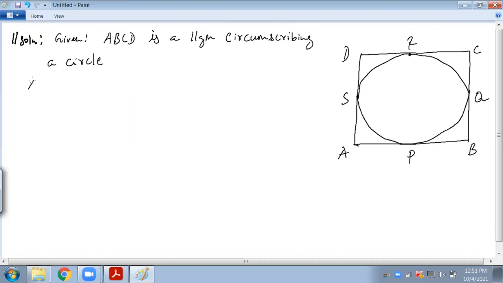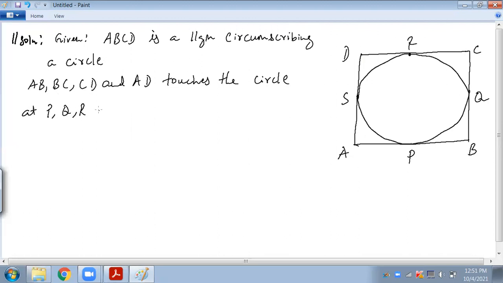Now the sides AB, BC, CD, and AD touch the circle at P, Q, R, and S respectively.